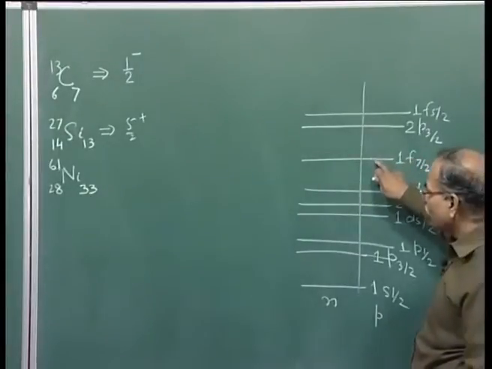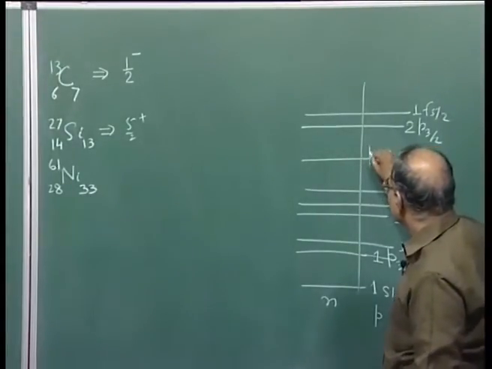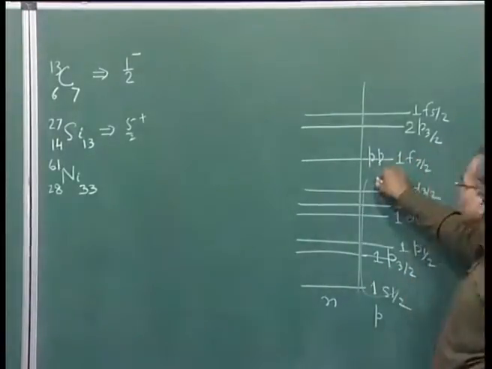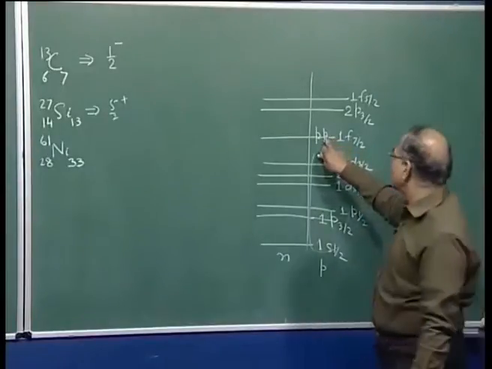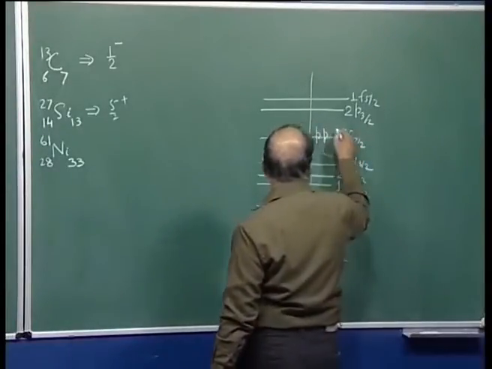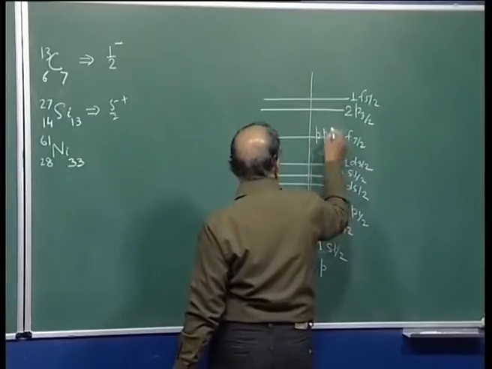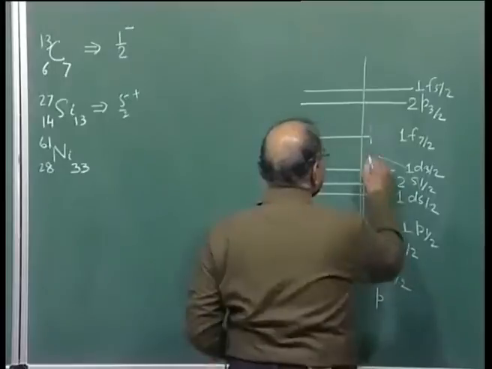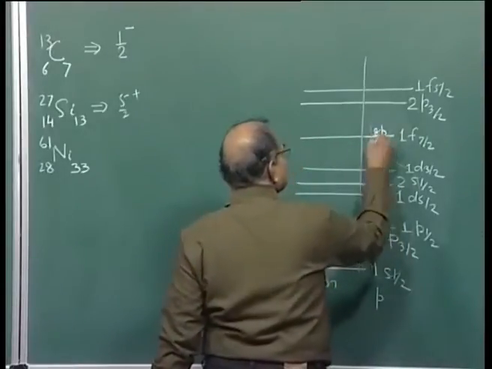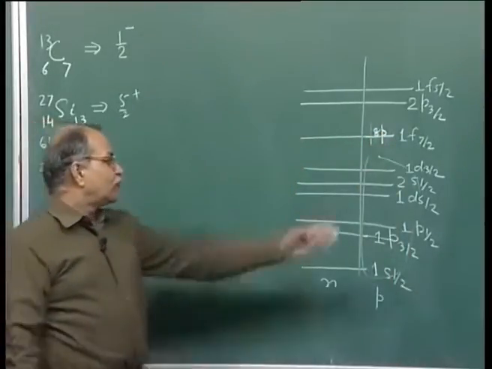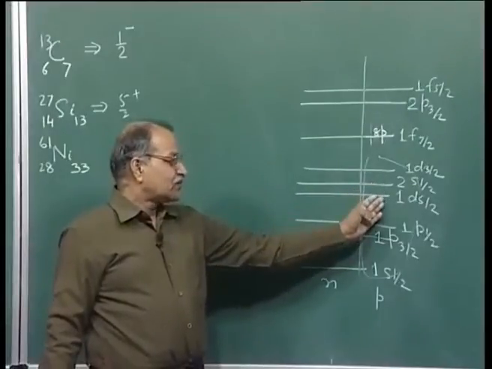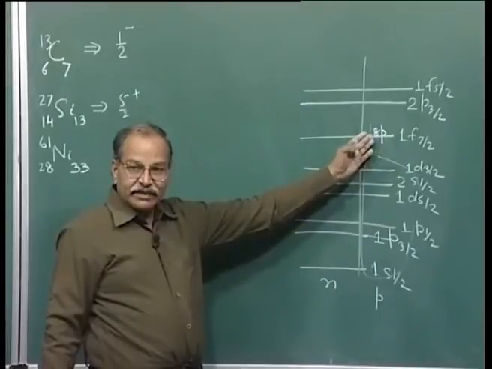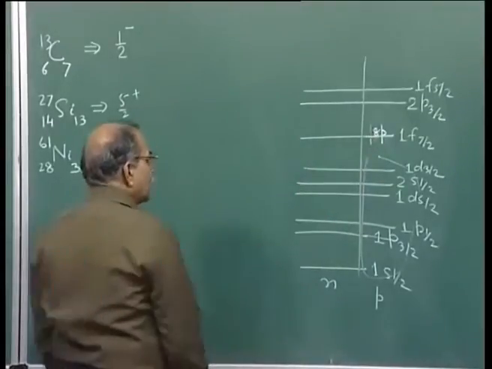So everything up to here is filled with protons. All 8 protons are here, all 4 protons are here, all 2 protons are here, all 6 protons are here. That will make it 28, correct? Up to here it is 28.